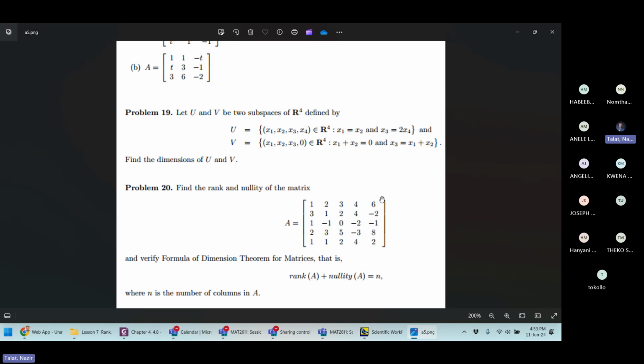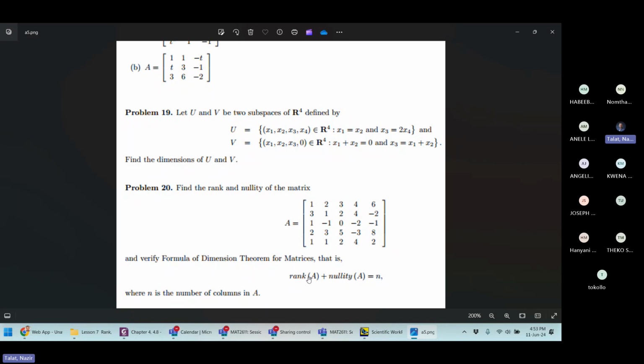And then if you find the solutions of the homogeneous system, it gives you the nullity. Since there are 5 columns in this matrix, nullity plus rank must be equal to 5. If the rank is 2, then nullity will be 3, which equals 5.